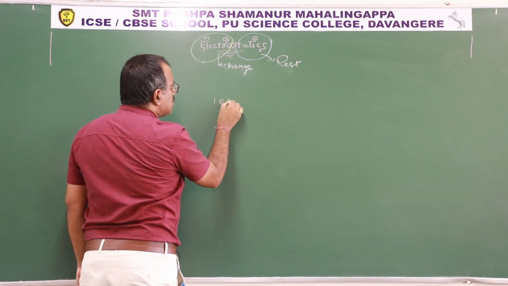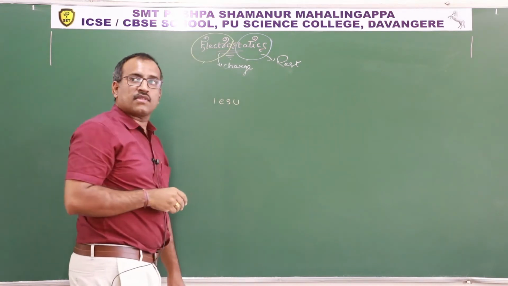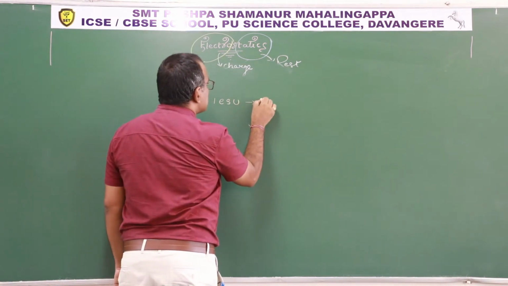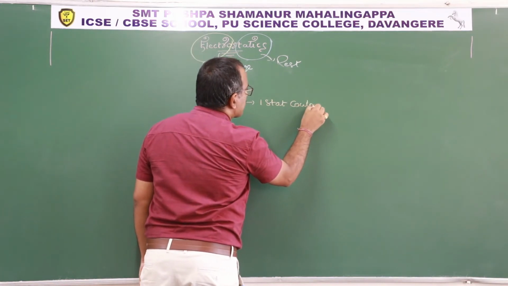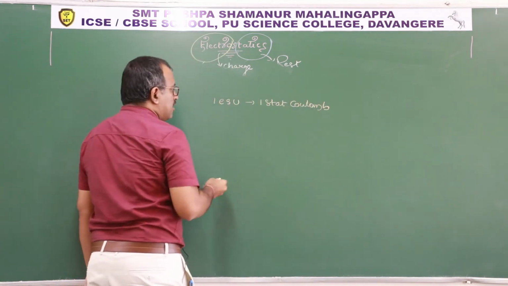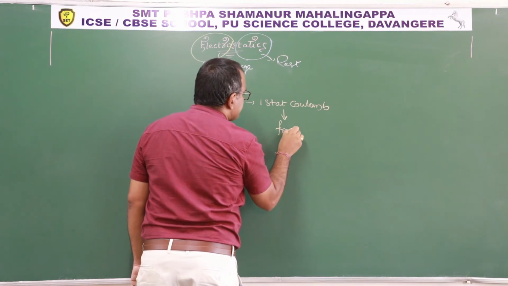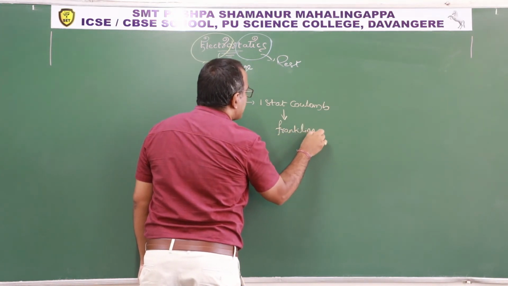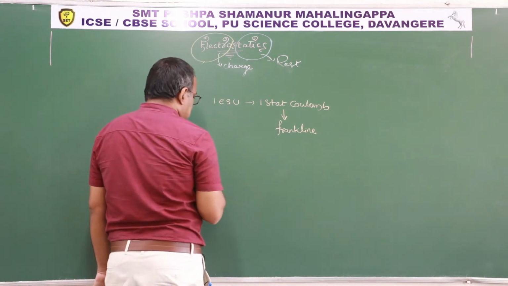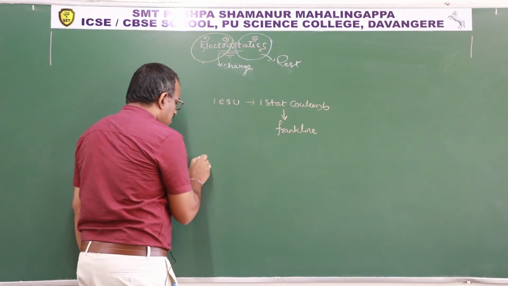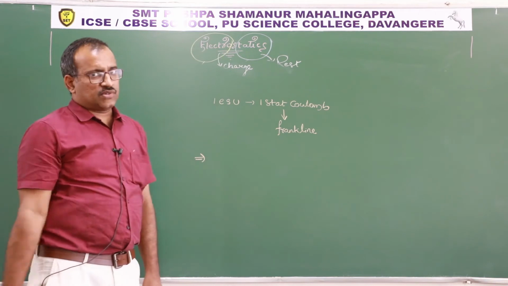1 ESU can also be stated as 1 stat coulomb, and of course, as I said, this is nothing but Franklin. And one more line. That was the smallest unit. What was the biggest unit then?